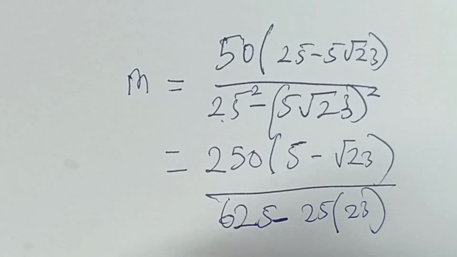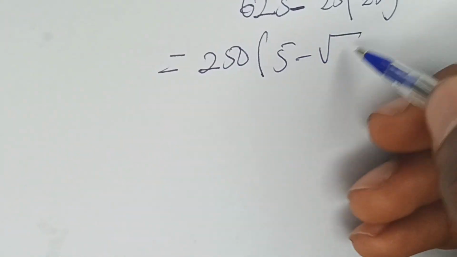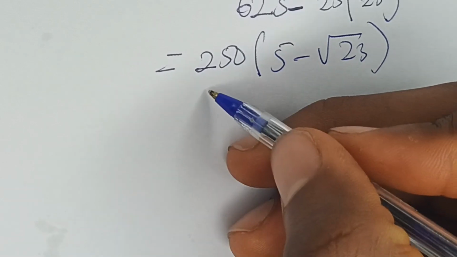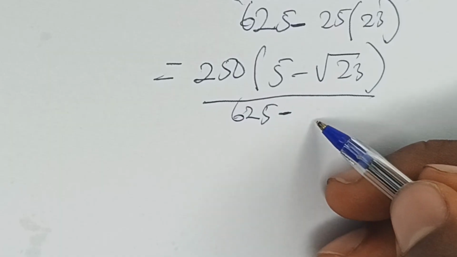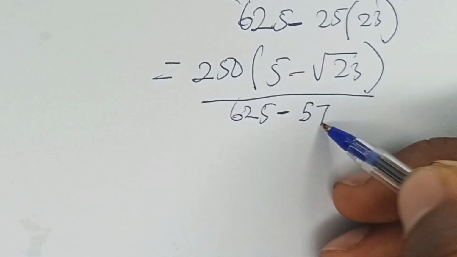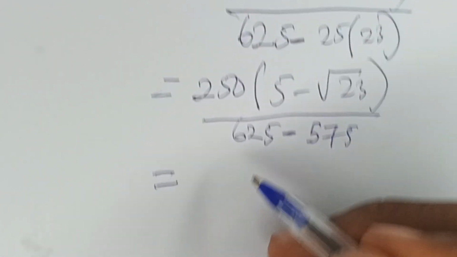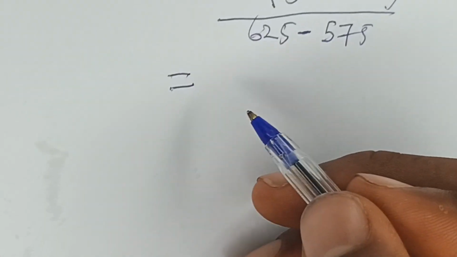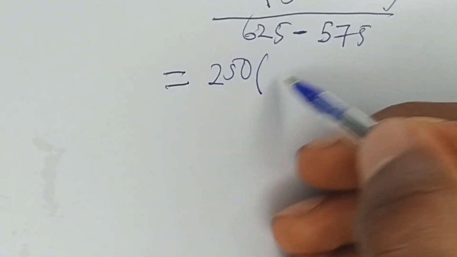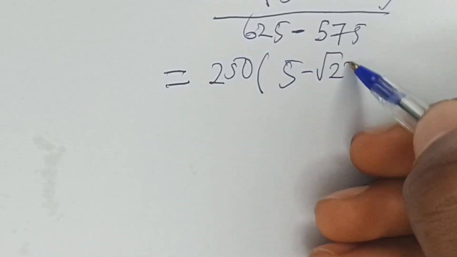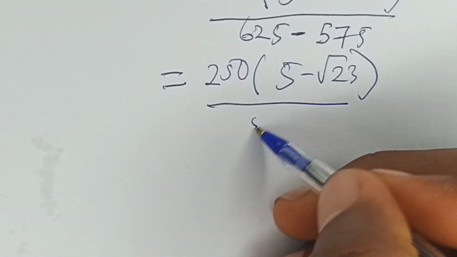And this is equal to 250 into 5 minus root of 23 divided by 625 minus 575. Now m will be equal to 250 into 5 minus root of 23 divided by 625 minus 575 is 50.